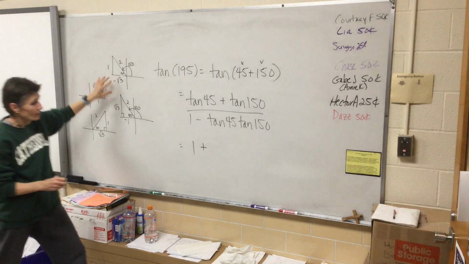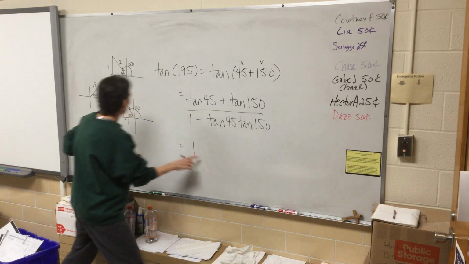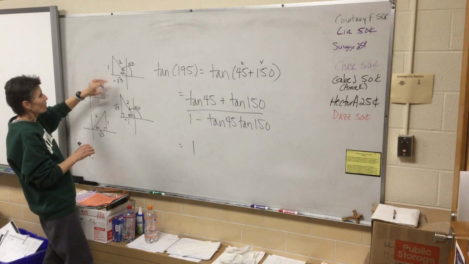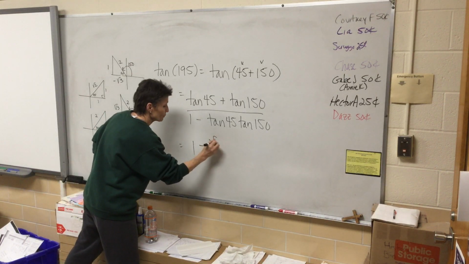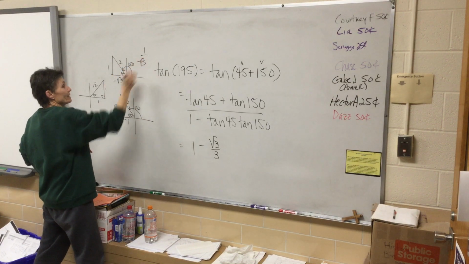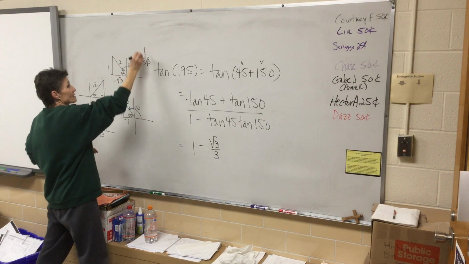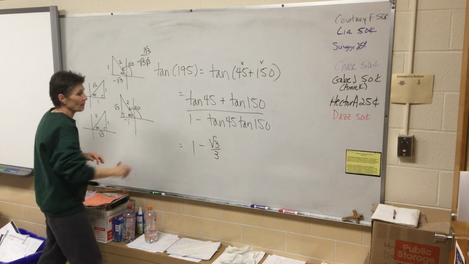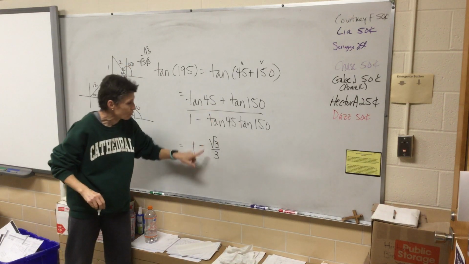Negative root 3 over negative 3? Well, there's only one negative. So it's negative root 3 over 3, because it's 1 over negative root 3. So there's one negative, you can put it in the top of the denominator. It's just going to turn this into a subtraction.